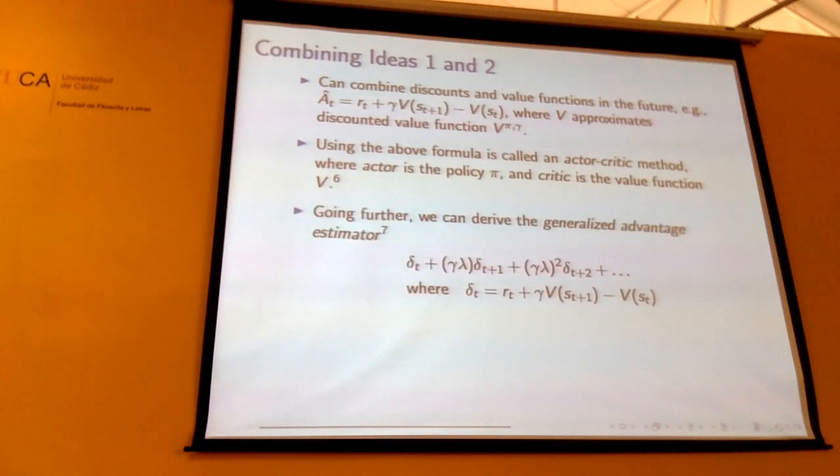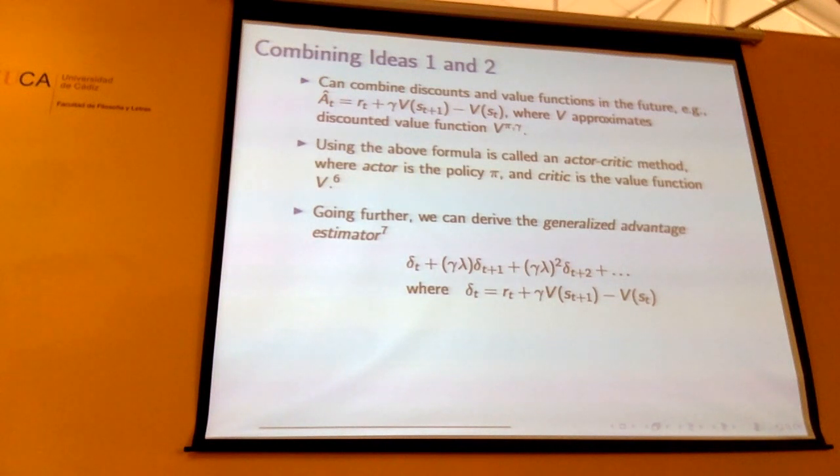Okay, I don't want to go into the full details of this because it's a kind of hairy derivation. It's straightforward, but hairy, and no one wants to watch several slides of math. So I'll just show you the formula, and I'll refer you to the paper if you're interested.